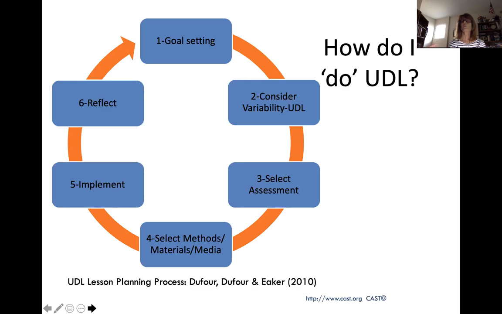In other words, what's the work product that you want from your student? You figure out your methodology, the materials and the media that you're going to use. You implement it, and then you reflect on, when you've written that lesson plan, is it appropriate for all of my students? If not, then you go back and do the whole cycle again.